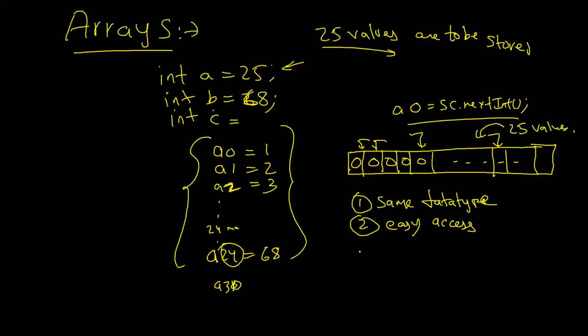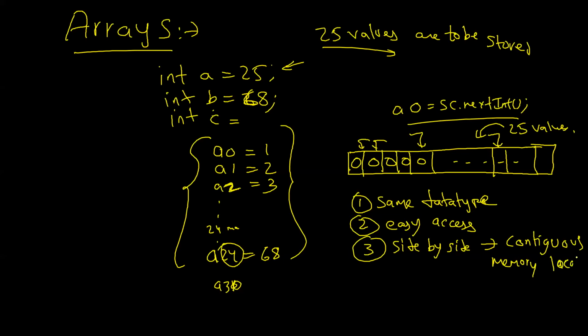And there's another thing. Easy access is one, and the other thing is, as I said, they are side by side, so that's the reason why they are easily accessible, okay? They have contiguous memory locations. Basically, wherever in the RAM, as I said, there are boxes, right?